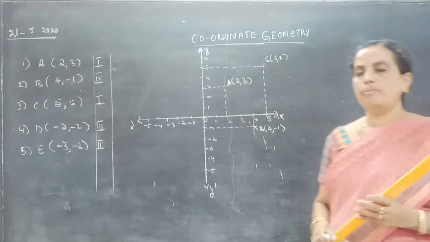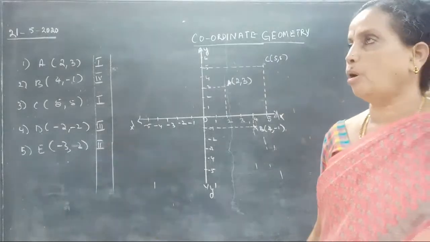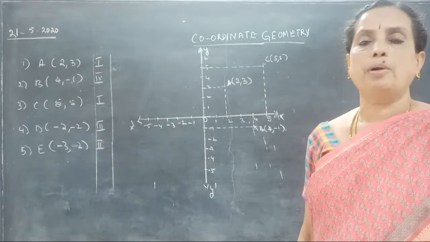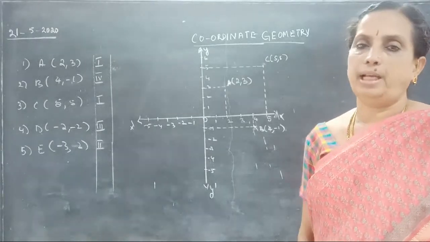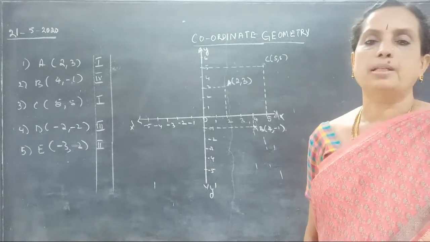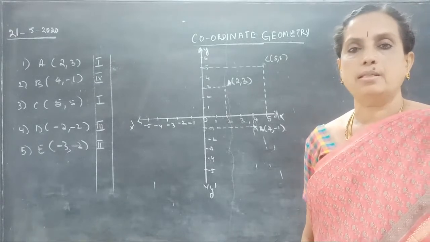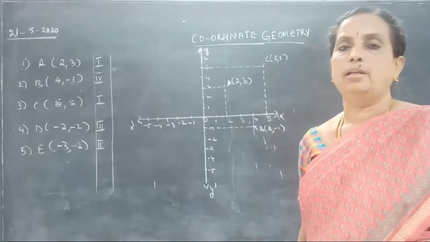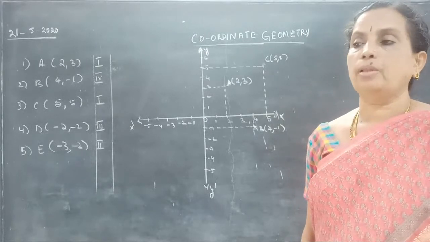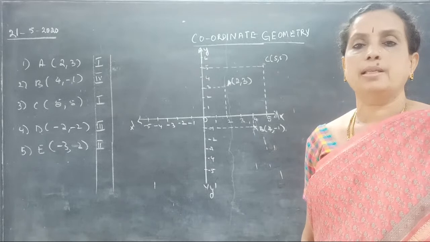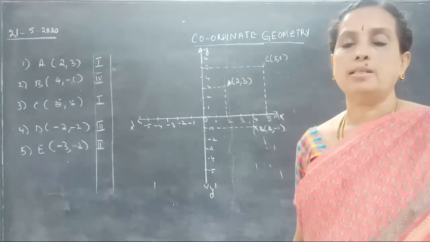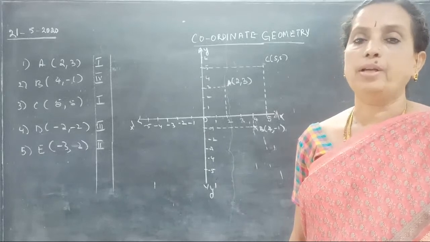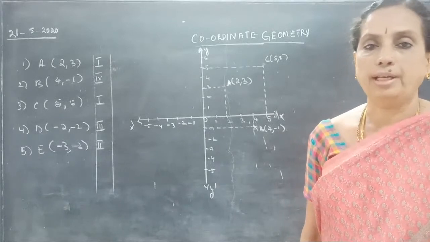That is, we are making use of the rectangular boxes, drawing the perpendiculars from the point to the x-axis and y-axis. The perpendicular distance from the y-axis is the x coordinate. The perpendicular distance from the x-axis is the y coordinate.